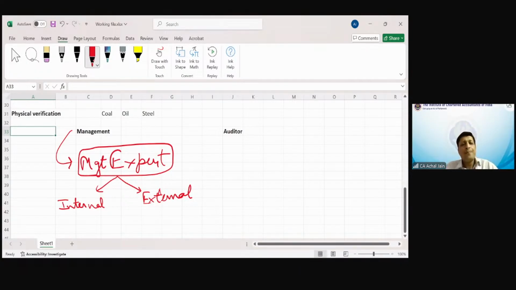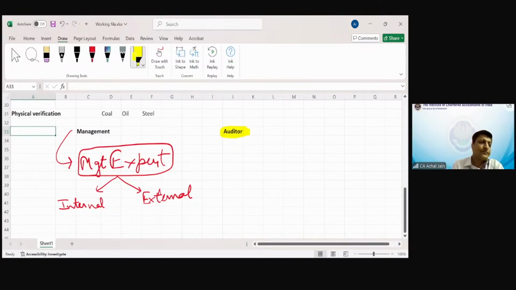Now, in such a case, let's suppose the management expert is available, but the auditor is not competent enough. So management is competent now. Why? Because they have got the expert, but the auditor is not competent. So in this case, what do you think should be done by the auditor?